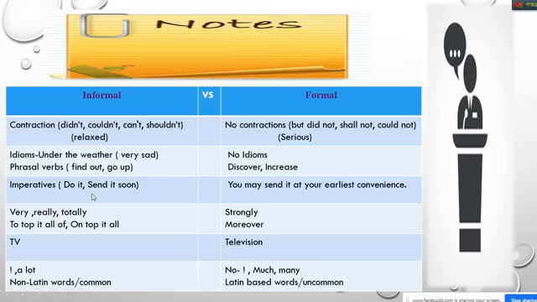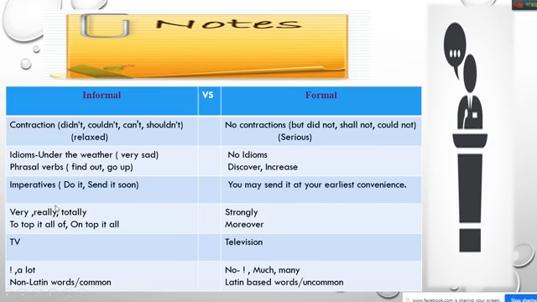And then imperatives: do it, send it soon. You can write whatever you like in your informal letter, but in a formal letter you are not supposed to use any imperatives, such as do it, send it soon. Then very, really, totally: you can write them in an informal letter, but you cannot write them in a formal letter.